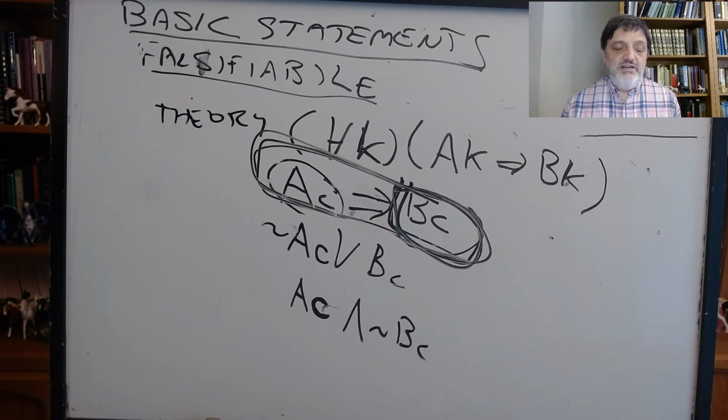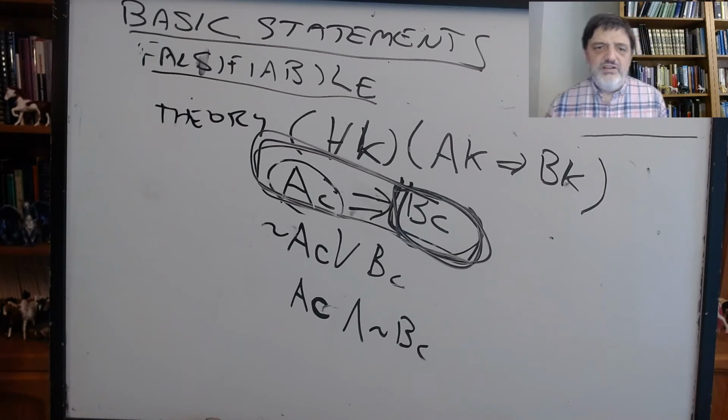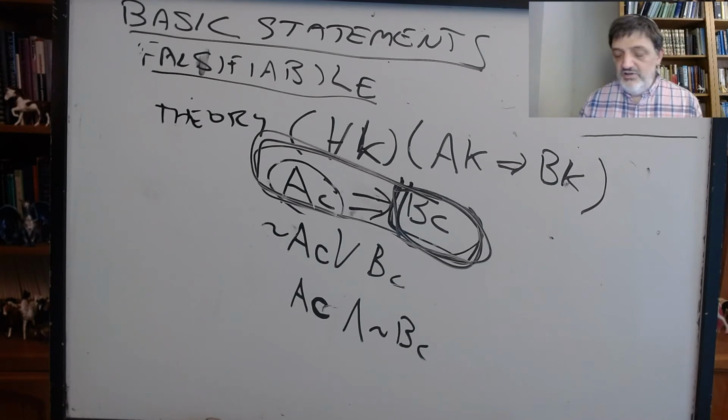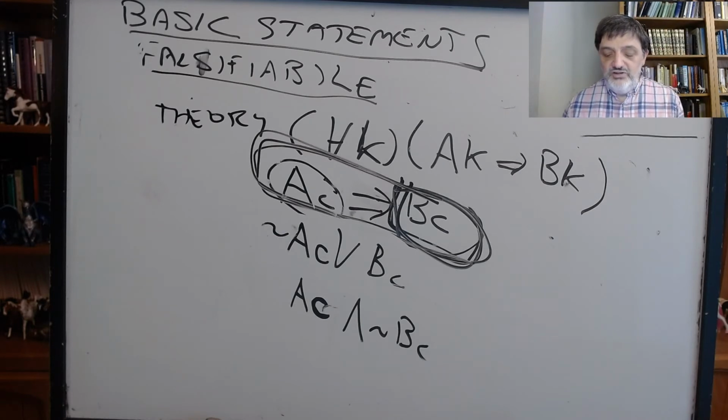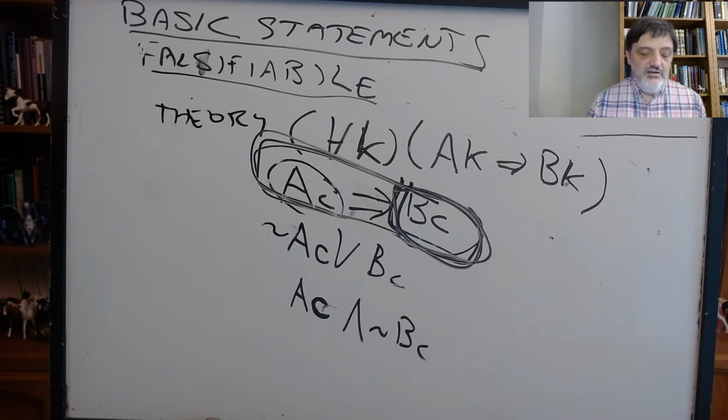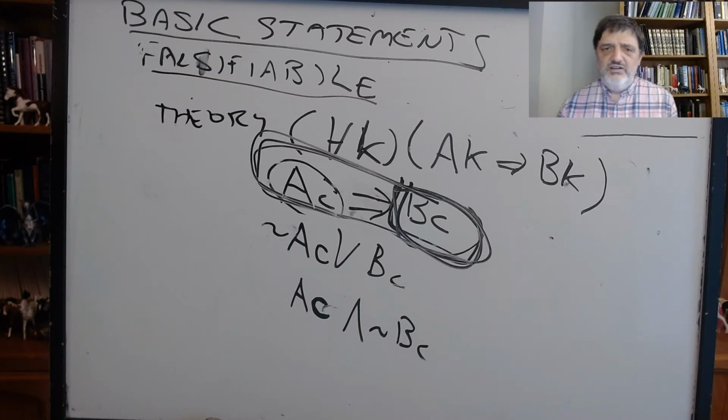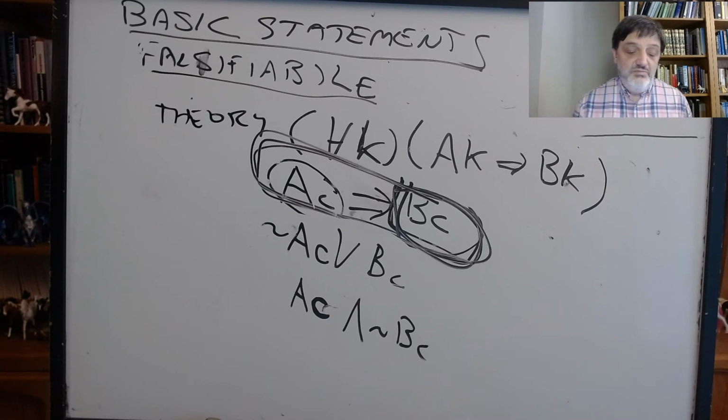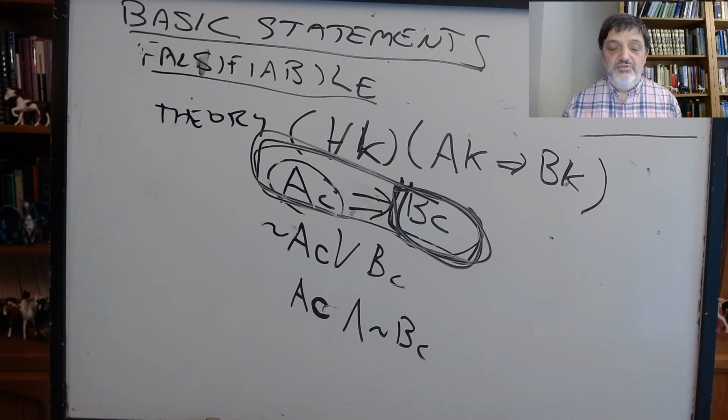That is, we expect everyone who's present, so to speak, to be able to agree on whether it happened or not. It could be something that you need lots of instruments to determine, but we're all used to using those instruments, so we're pretty much in agreement on what they show. And then that would be a perfectly good basic observable occurrence, or in other words, that predicate would be perfectly usable in a basic statement.